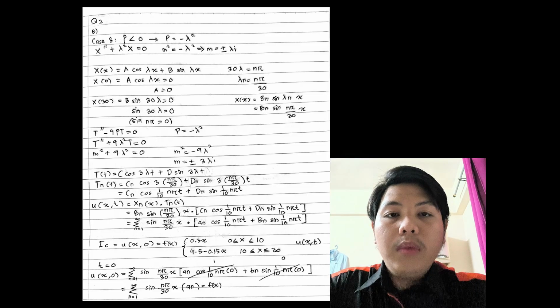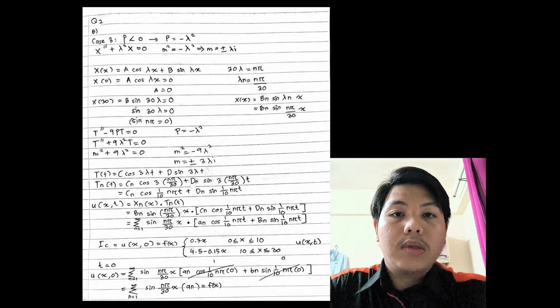The roots are m = ±3λi, so T_n(t) = c_n cos(nπt/10) + d_n sin(nπt/10). Since the string is released from rest, u_t(x,0) = 0, which forces d_n = 0. So T_n(t) = c_n cos(nπt/10).